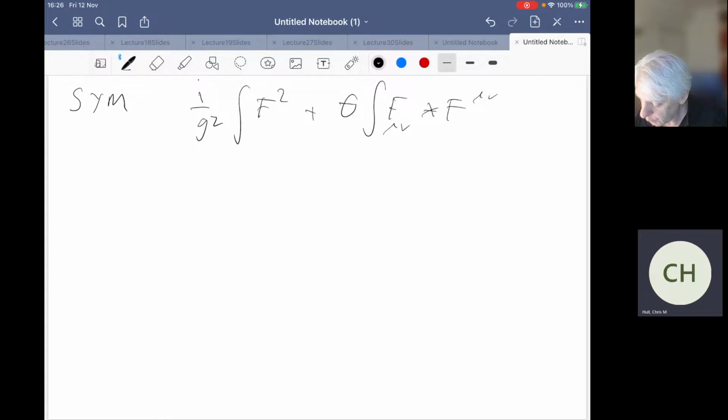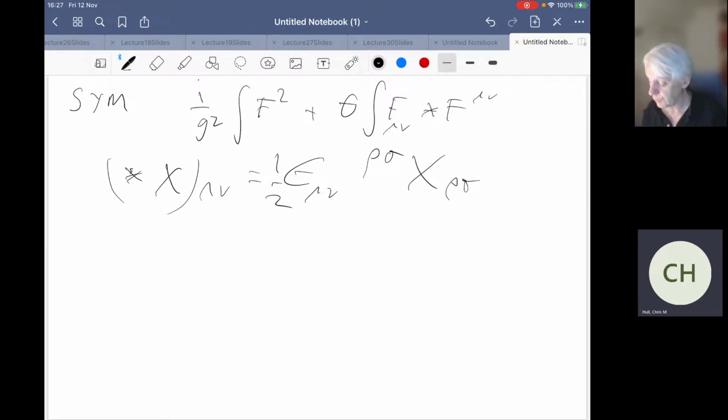So the dual means that if you've got a second rank antisymmetric tensor X mu nu, its dual is given by taking X rho sigma and hitting it with an epsilon symbol, mu nu rho sigma, and a half there.